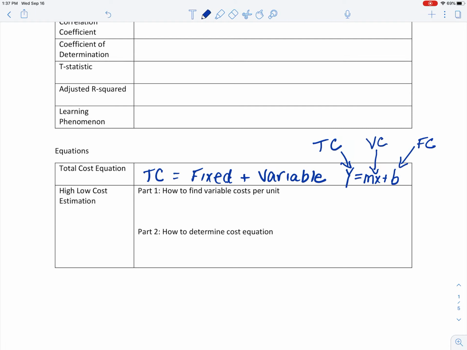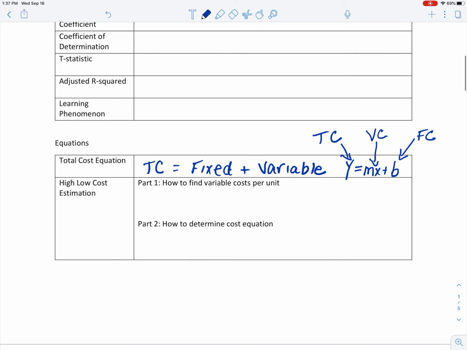Another equation that we're going to be using is to calculate the high-low cost estimation. What this is, is a set of data given to us, and what we want to do is pull out those variable costs and pull out those fixed costs. The first thing we need to do this is find what that variable cost is.